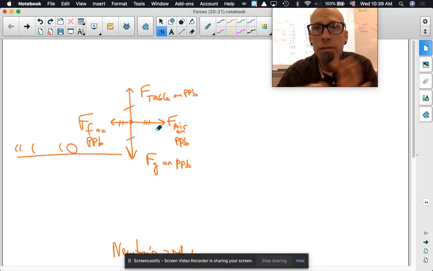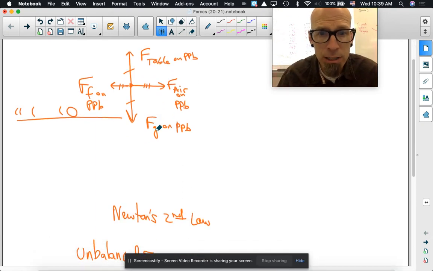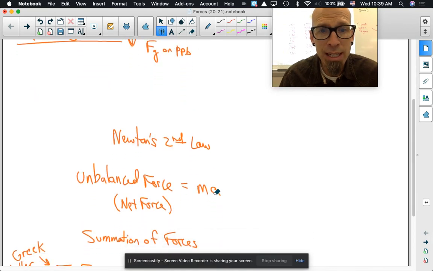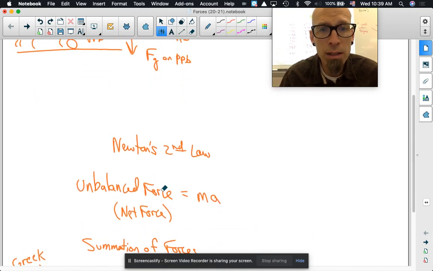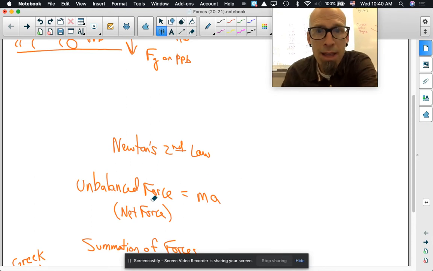And again, all of this is boiling down to something, and it's called Newton's second law. And what does Newton's second law say? It says that unbalanced force is equal to the product of mass times acceleration. You should be writing this down. So unbalanced force is equal to the product of mass times acceleration.